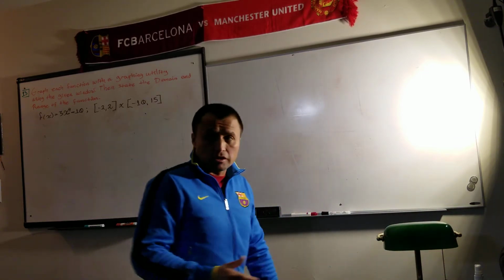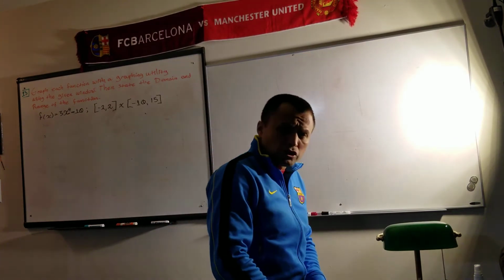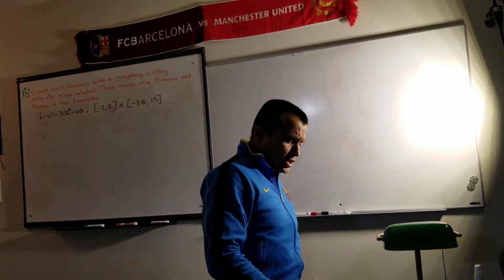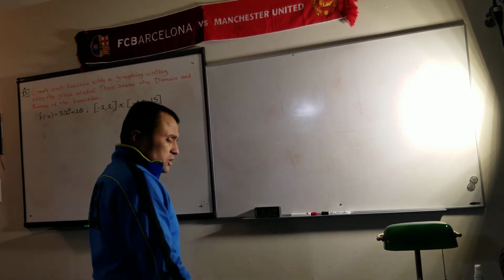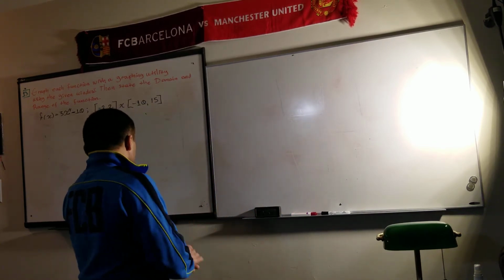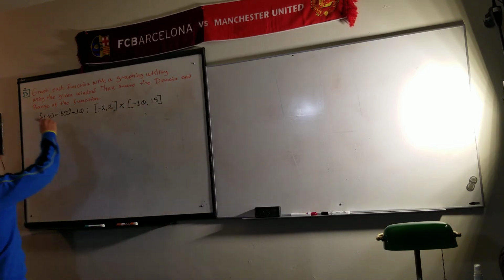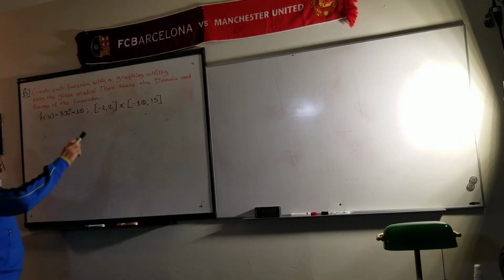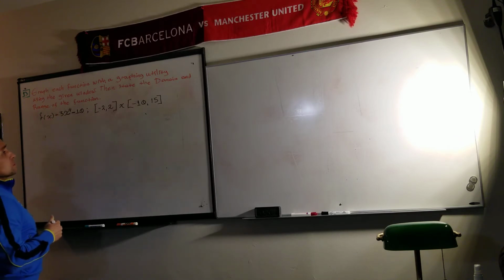Since a graphing calculator is required for these topics. So today, the first topic of this calculus book is functions. And right here we have problem number 13 that says, graph each function with a graphing utility using the given window, then state the domain and range of the function.